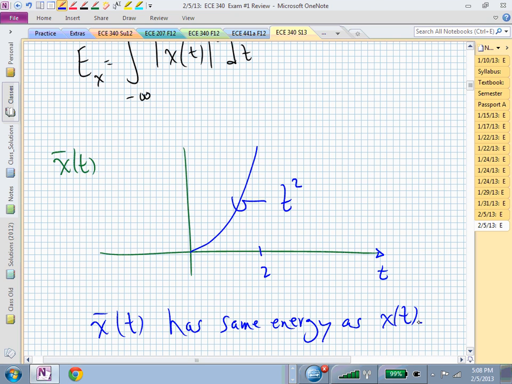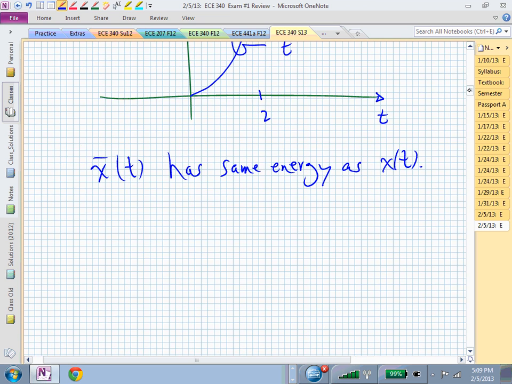And if you need the numerical value for the energy in x of t, you could compute the energy in x bar of t and get the same answer. Likewise, if somebody said, what about the energy content in this signal, which is, let's say, minus x bar of t?